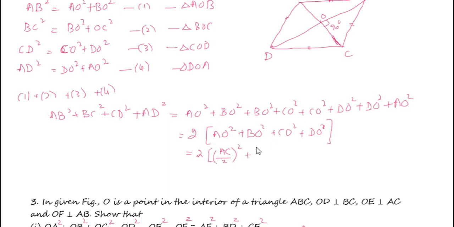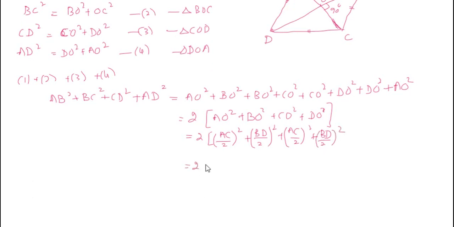BO is BD divided by 2 whole square plus CO. CO is again AC divided by 2 whole square plus BD divided by 2 whole square.